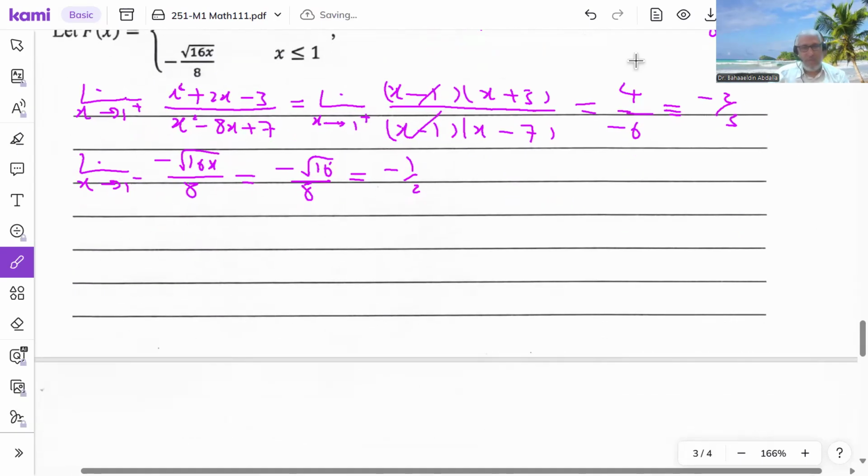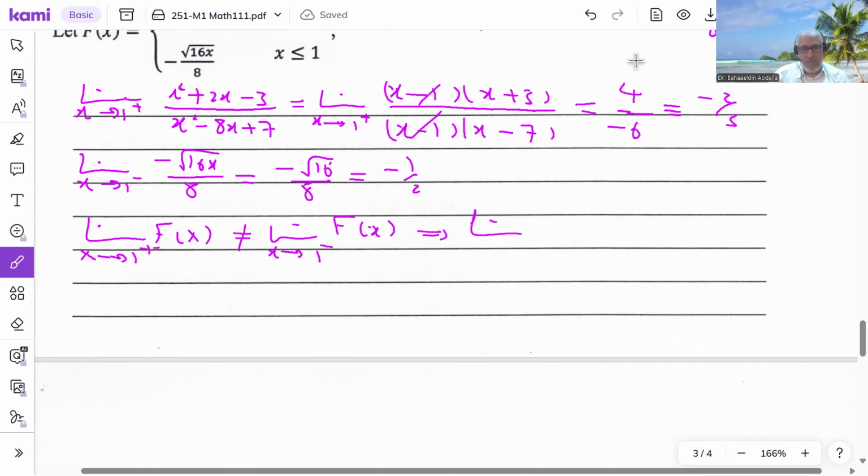So what do we get? Limit f of x when x approaches 1 from the right is not equal to the limit of f of x when x approaches 1 from the left.